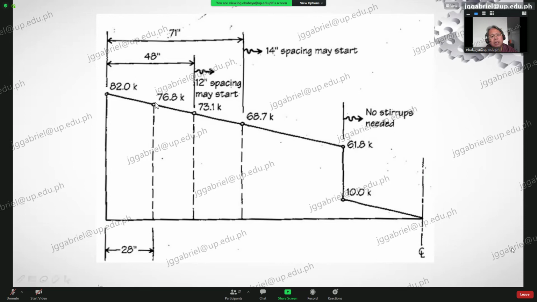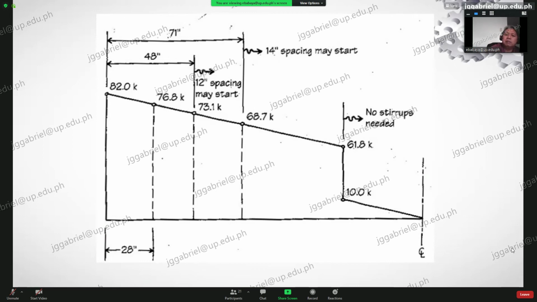Actually, from here, tapos pababa, 10 inches yan. And then, pagbaba natin dito, perhaps pwedeng maging 11 yan. But then, you just want to determine yung median spacing from the maximum spacing. Kasi medyo malapit na rin sila eh. This is 14 inches. From here, 14 inches. The median spacing from 10 inches and 14, you just add that and then divide by 2. Is 12. So 12.